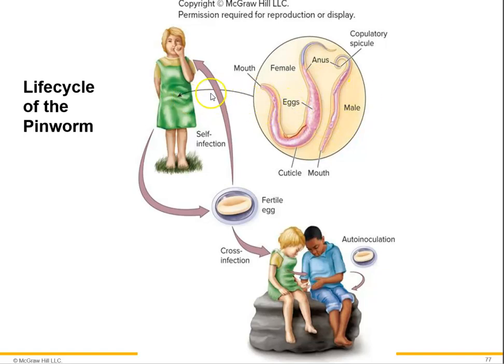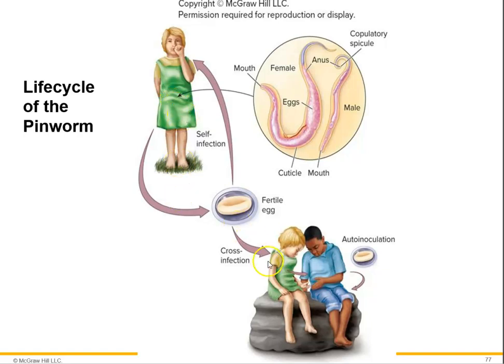Now, when the female is done mating and she's ready to lay her eggs, she creeps down to the anus and she slips out of the anus and lays her eggs. This typically happens at night when the child is asleep. What happens is the child feels intense itching at the site where the eggs are laid and reaches down there and scratches.